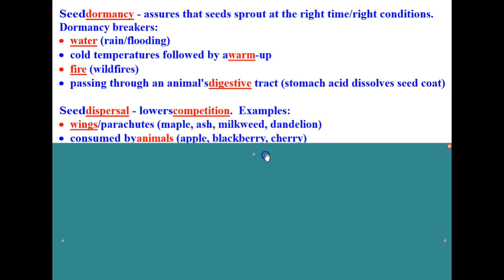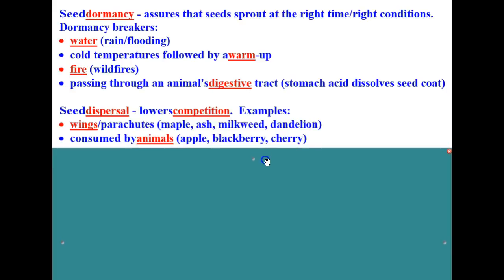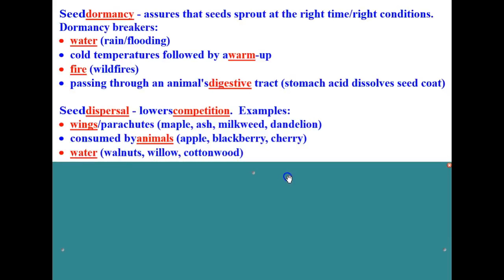Some seeds are dispersed by being consumed by animals, apples, blackberries, cherries, for example, and then excreted in the animal's feces, of course. Some seeds are dispersed by water, like walnuts, willow, and the cottonwood.